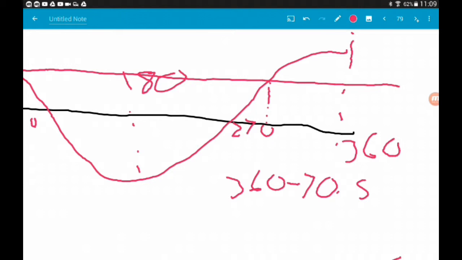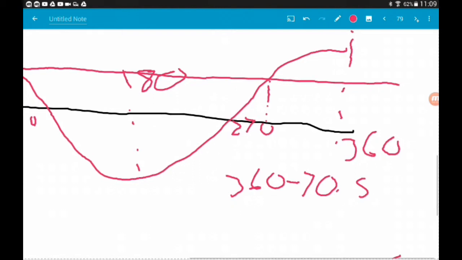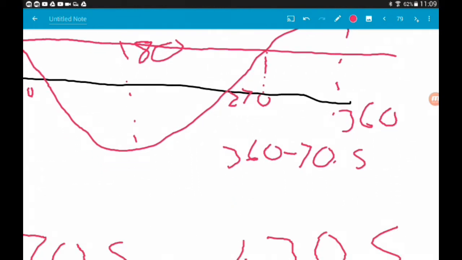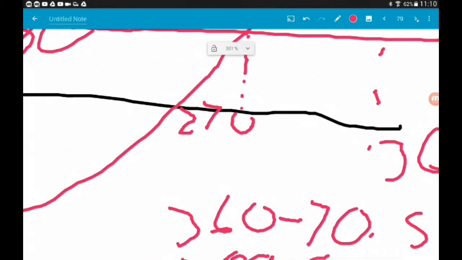Now 360 minus 70.5 is going to be 289.5. So that is this point here.